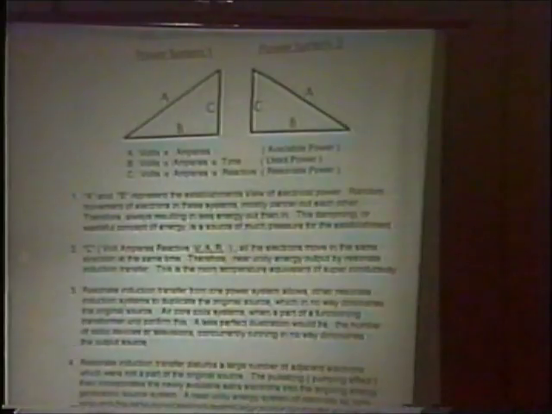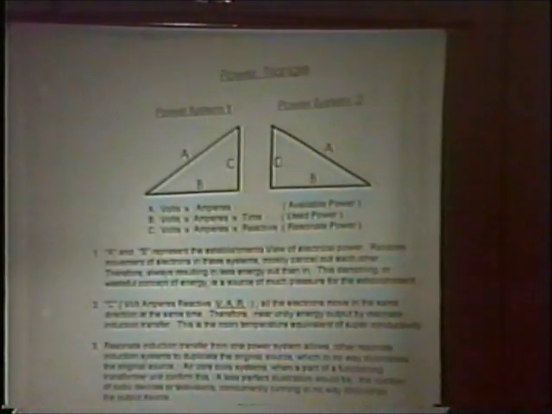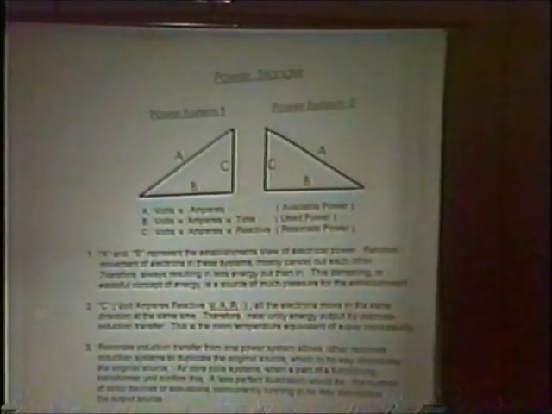Okay, let's see what else we've got here. In transfer of energy, you have what's called volt amperes reactive. What I'm showing here is the conventional power triangle in energy transfer, and C on there is considered to be wattless energy or useless energy, and that's your volt amperes reactive part of it.